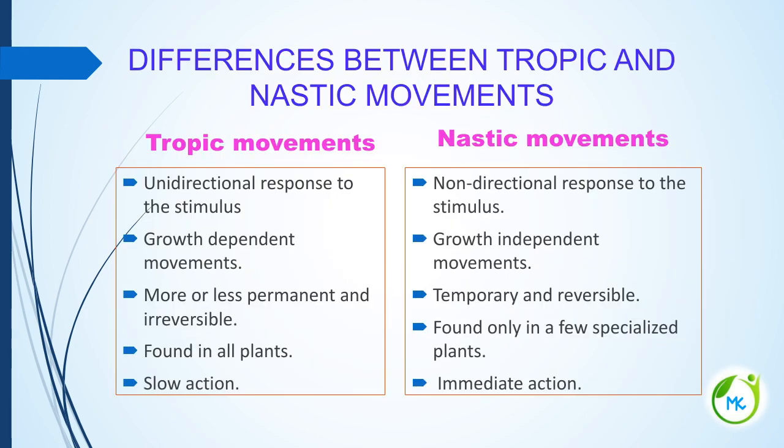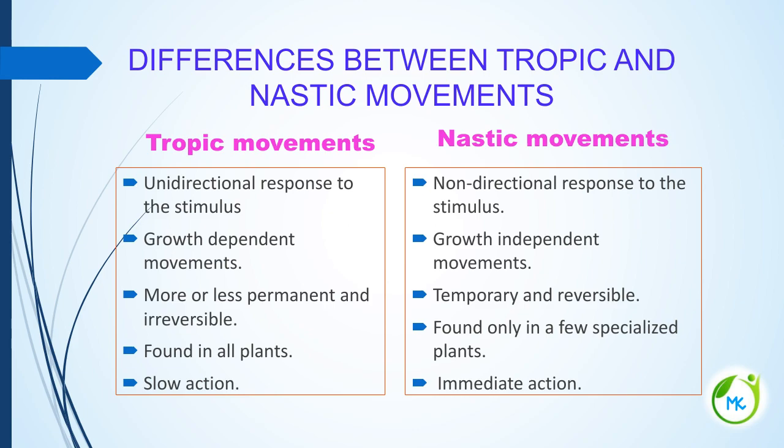So after we have learnt about the two different kinds of movements, that is the Tropic movement and Nastic movement, let's look into the differences between the Tropic and Nastic movements. So Tropic movement is a unidirectional response to the stimulus.